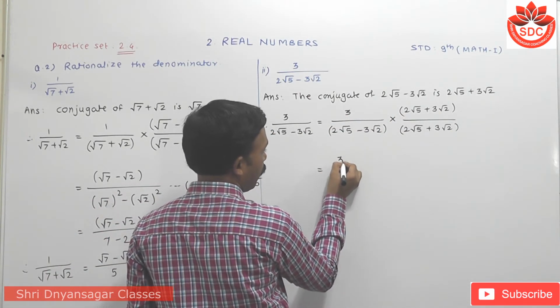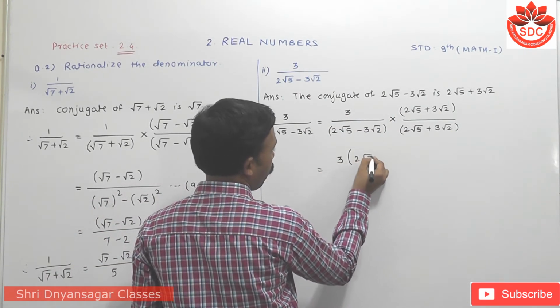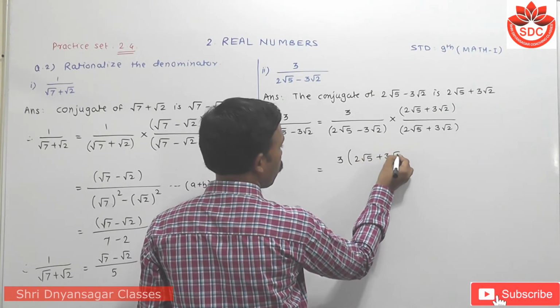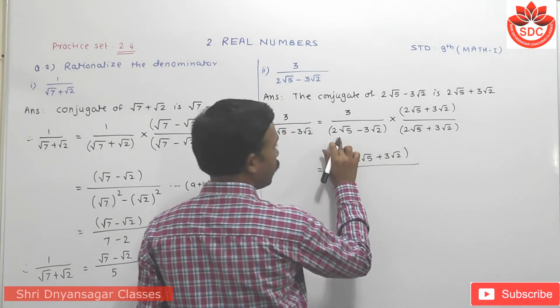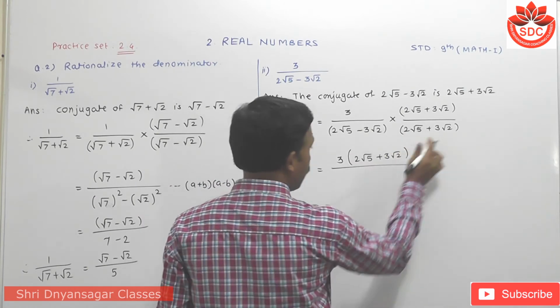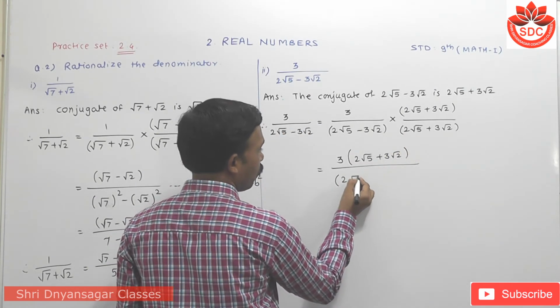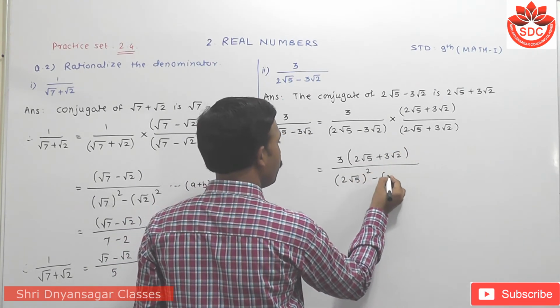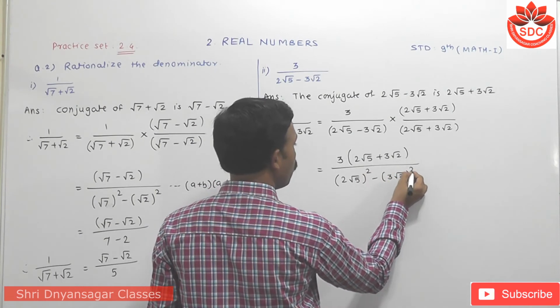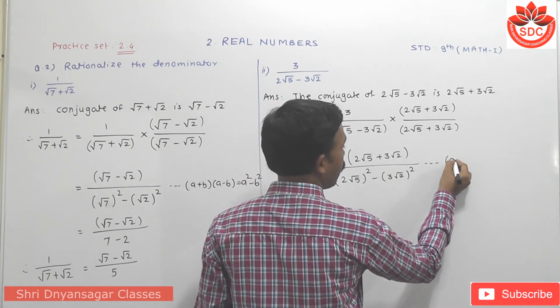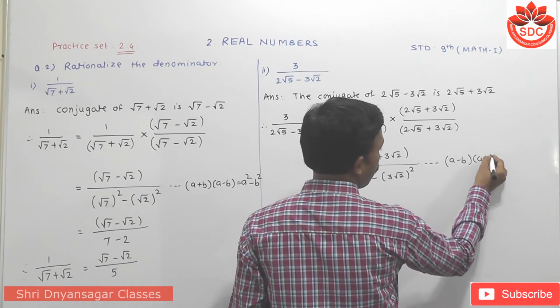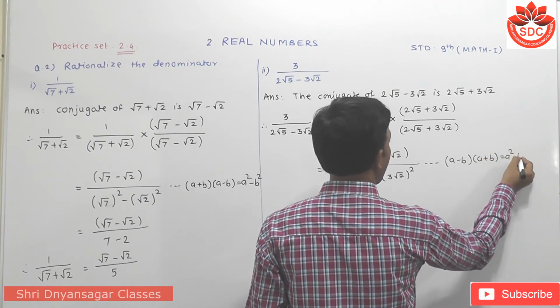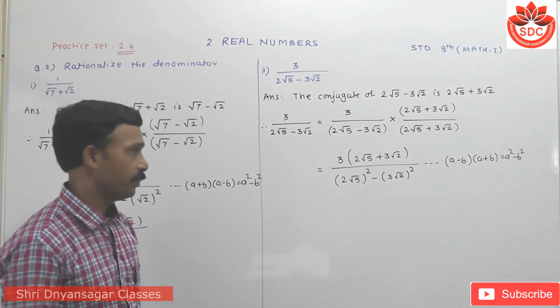We get 3 in bracket 2 root 5 plus 3 root 2 upon, this is a minus b, a plus b, again a square, meaning 2 root of 5 square minus b square, meaning 3 root of 2 square, again the identity a minus b, a plus b is equal to a square minus b square.